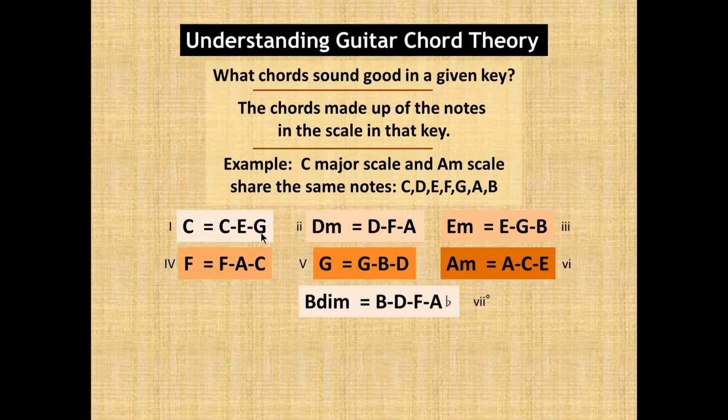But notice that all of these notes are in this alphabet of the key of C. Likewise, the D minor chord is made up of D, F, and A, all of which are found in the major scale. E, G, and B, again, all of the notes found in the C major scale are used to make up this chord.